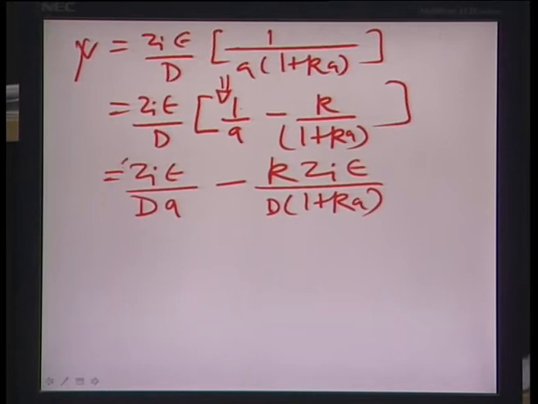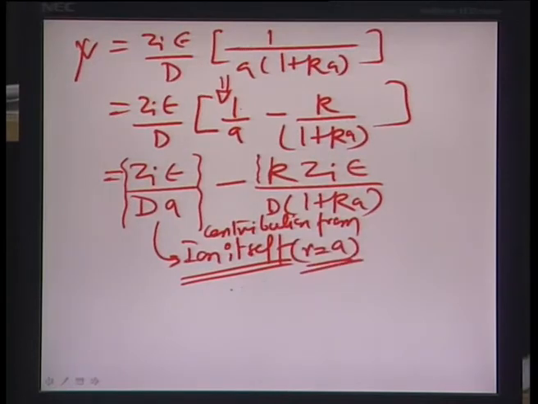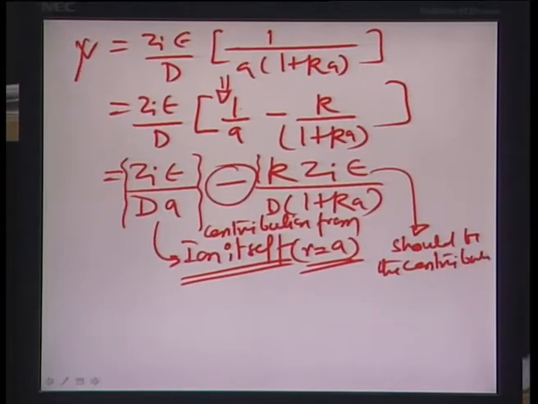So, what we are sure about one thing is that this probably corresponds to the contribution from the ion itself, okay, from the ion itself, as it corresponds to an r value equal to a, as we had investigated before, the radius value equal to a, and this should be, because even it is negative, as you can see here, should be the contribution of the ion atmosphere.